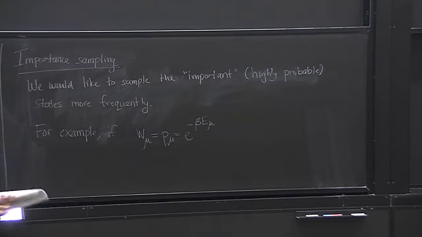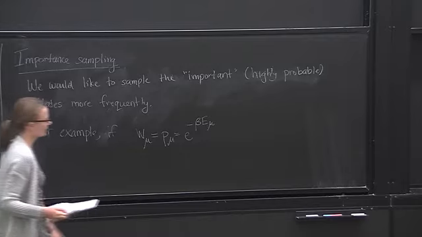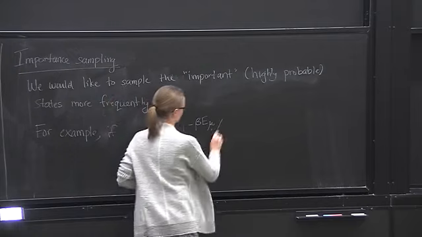So ideally, what I would like to do is actually sample from the right distribution. This would mean that the distribution W that I take my spins from is actually my Boltzmann distribution.